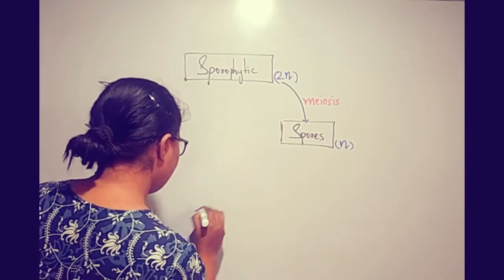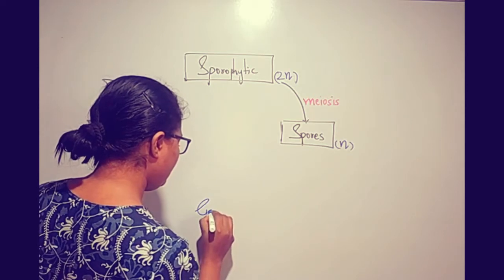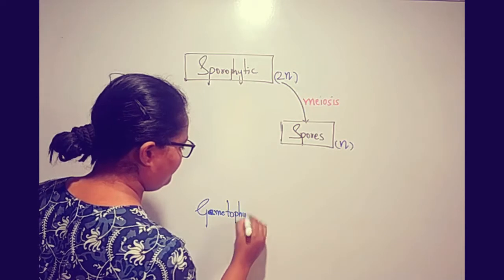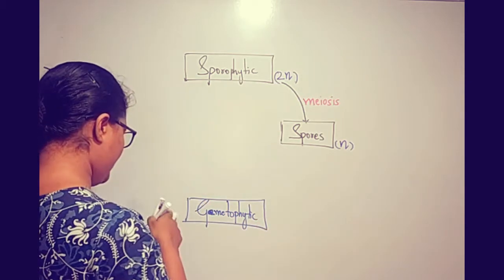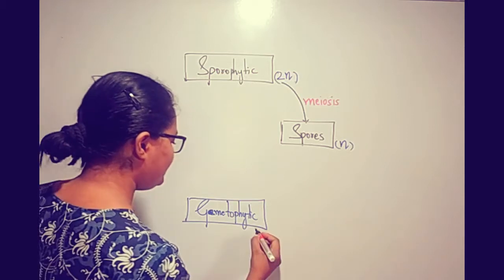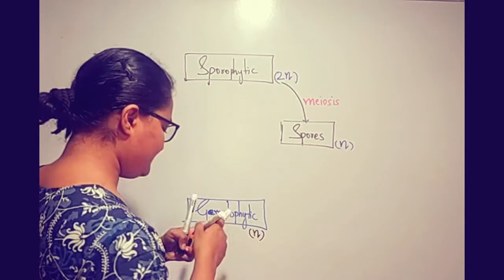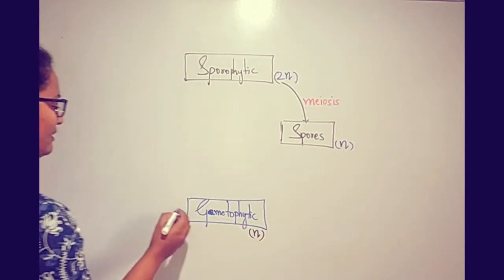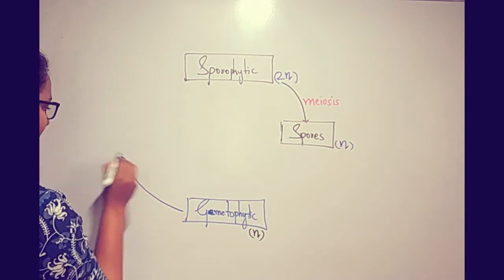And what is the other generation? What we have understood is that one is sporophytic, another is gametophytic generation, and gametophytic generation is always haploid. What is the function of this gametophyte?